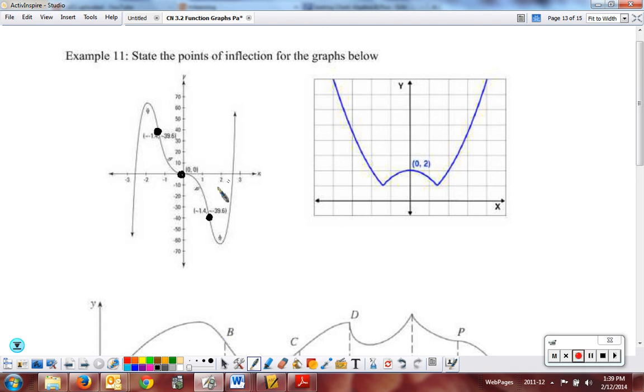What about in this graph? Do I have any points of inflection here? Yeah, I have one here. Well, you have to have an equation to find it. Can you be an extrema and a point of inflection? Yes. Can you be an extrema and not a point of inflection? Yes. Unless I tell you you need calculus, which you have to look at.